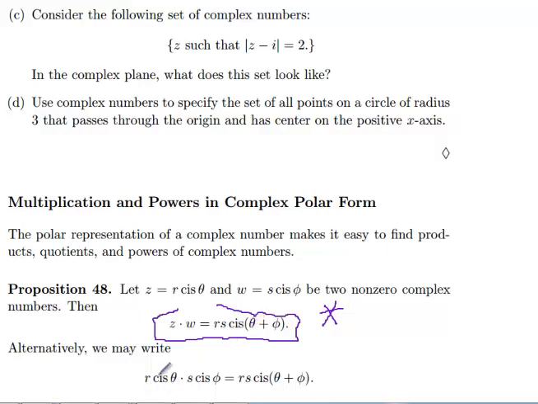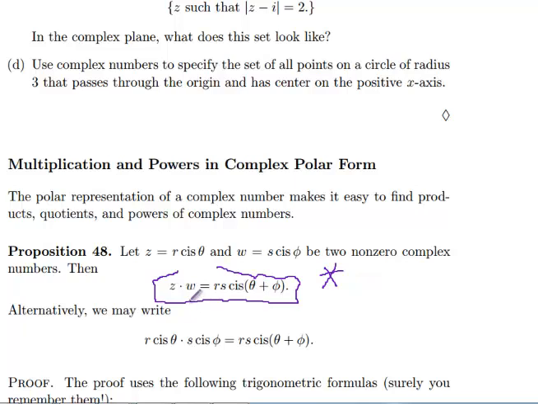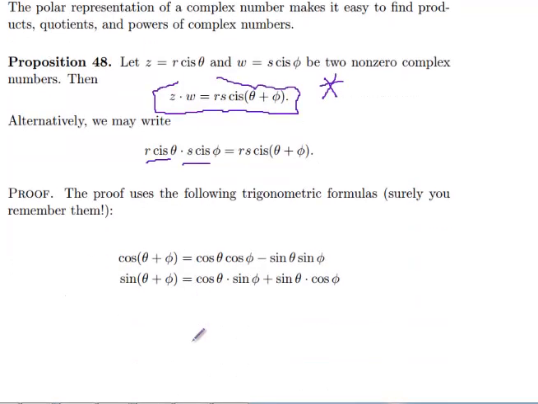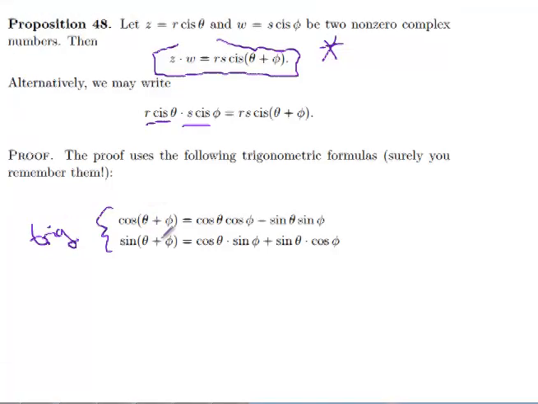Okay. And so this is writing the individual complex numbers in polar form. The proof of this fact uses these trigonometric formulas that we're not going to prove in this class, but this is from trig, and you can look them up in your trig book.